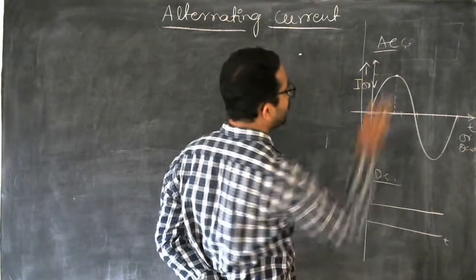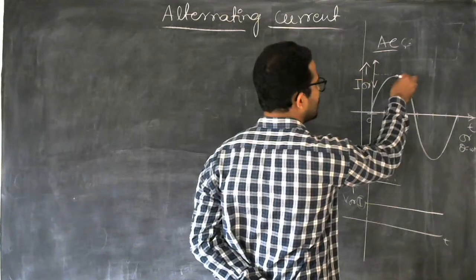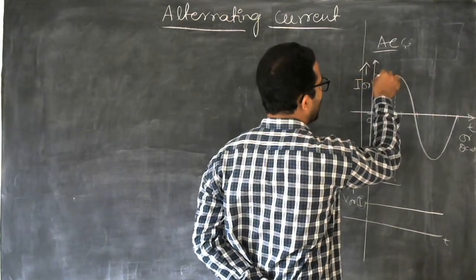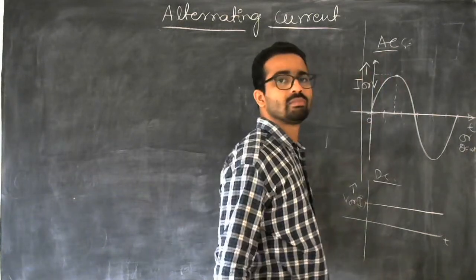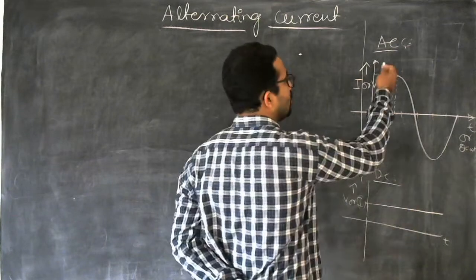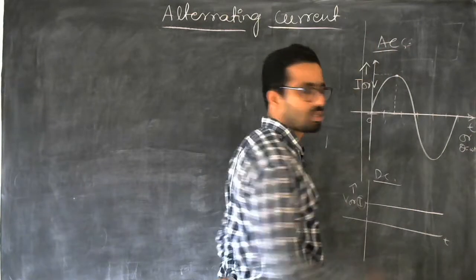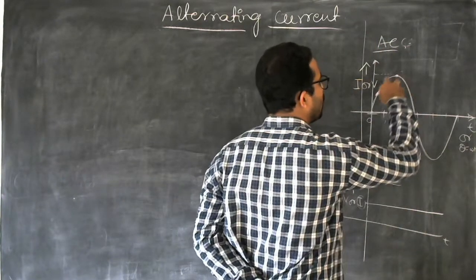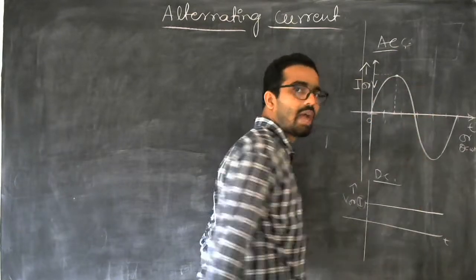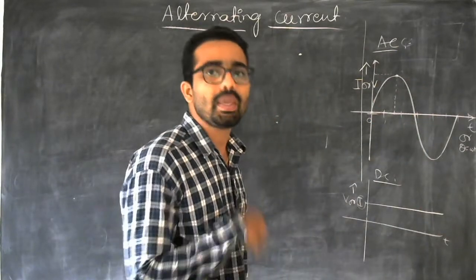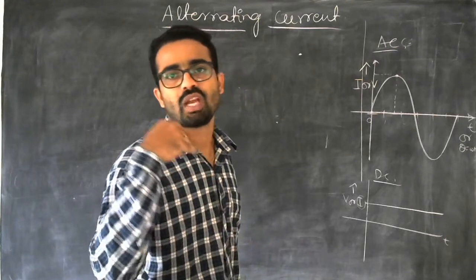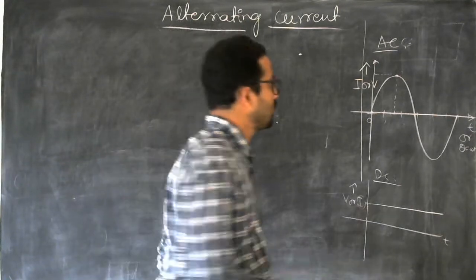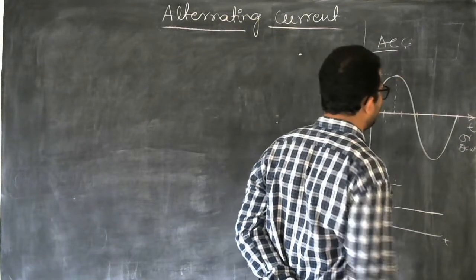If you observe clearly, this value of y is a maximum. There is no other value which is greater than this. So it is the peak value of this curve. I am repeating, peak value means it is a maximum value.